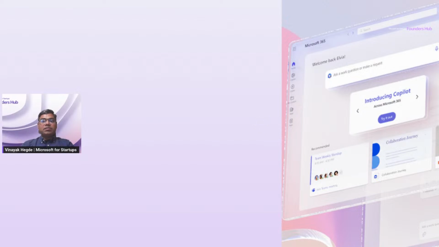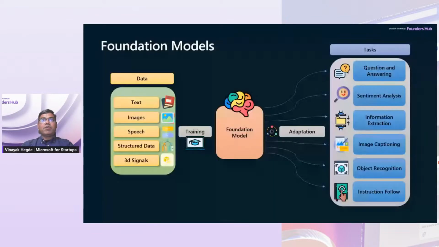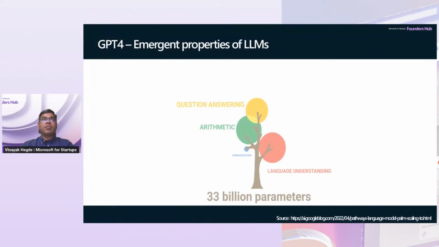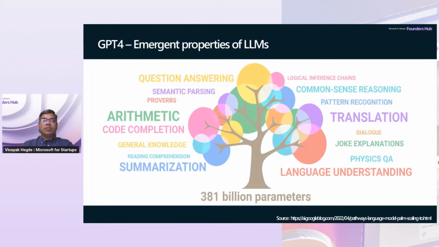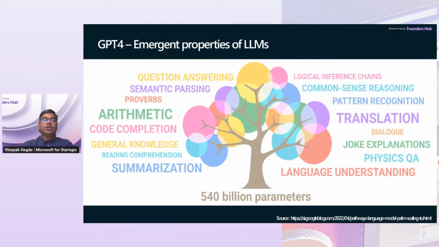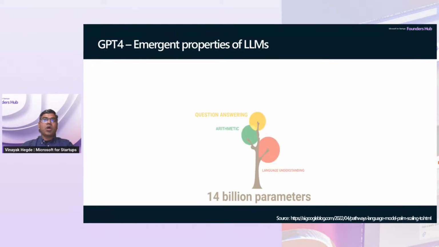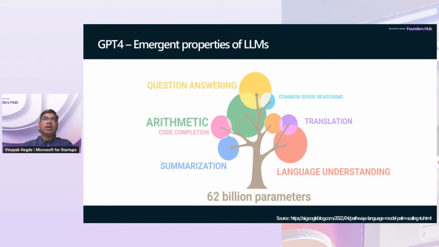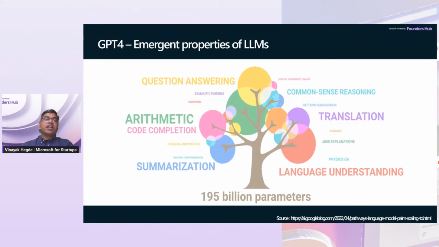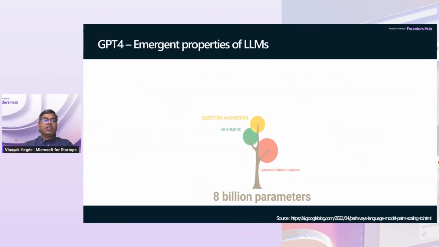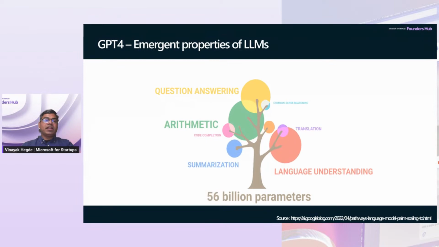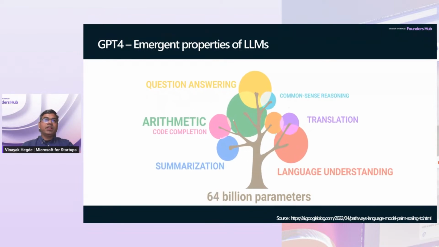As I go on to the next slide, I want to reference the emergent properties of LLMs, right? So what happened was very interesting. When you train the model, at a certain point, the model becomes more and more capable, not in direct proportion to the number of parameters it has, but not only does it become better at question answering, it also gets better at arithmetic.